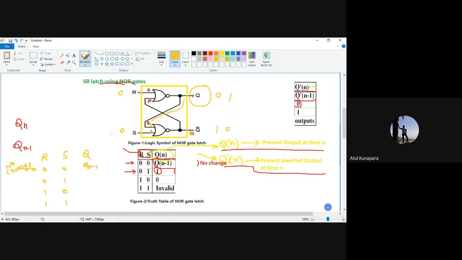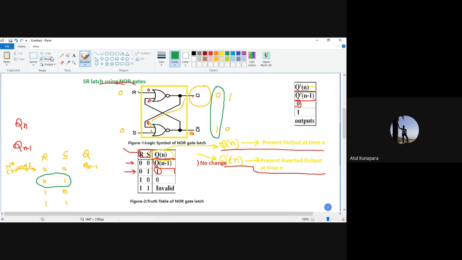Yes, sir. Okay. Now the second condition is, you are going to give the combination 0, 1. That means I am going to give R equal to 0 and S equal to 1. Now I have to take this condition with two output positions. Let us say first my output is this one: Q is 0 and Q bar is 1.